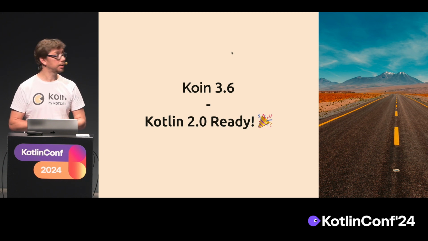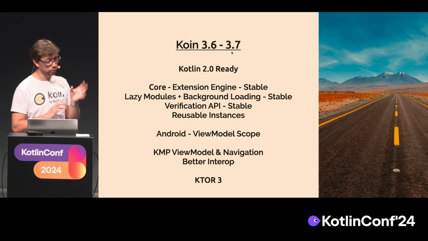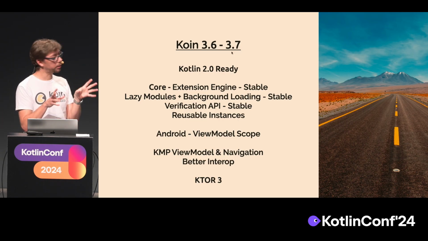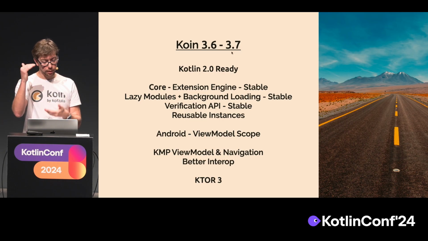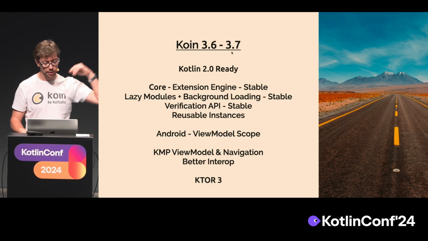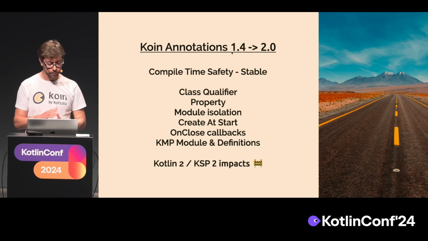It has been tested within the EAP program of JetBrains. There are many things coming from 3.6 to 3.7, and it will still be compatible and Kotlin 2 compatible. Many things internally will be provided, like making all the lazy modules stable, and many of the integrations and the KMP side, etc.